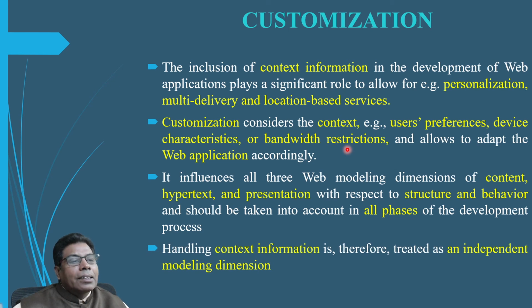So handling context information is therefore treated as an independent modeling dimension. That's why we have added this as the fourth dimension, that is customization. So we now have four dimensions: level, aspect, phases and customization.